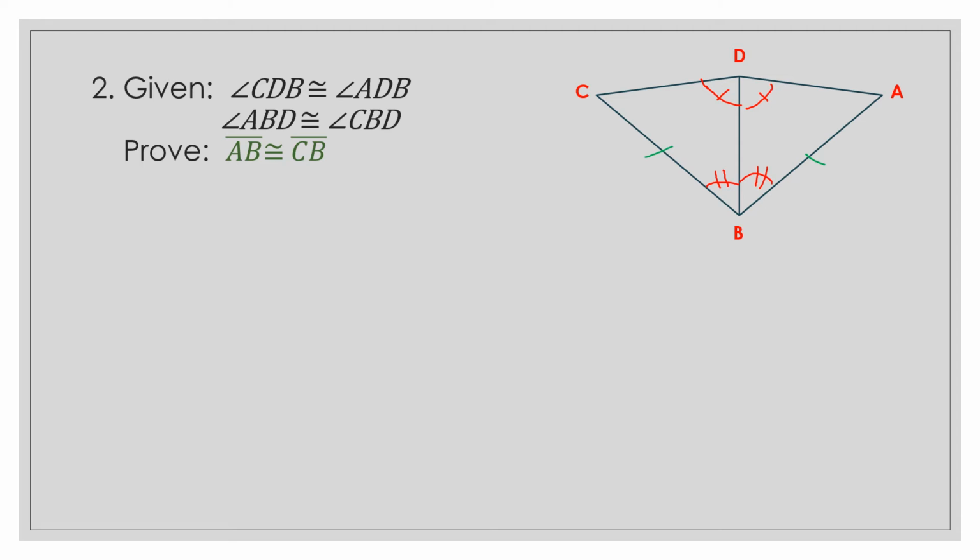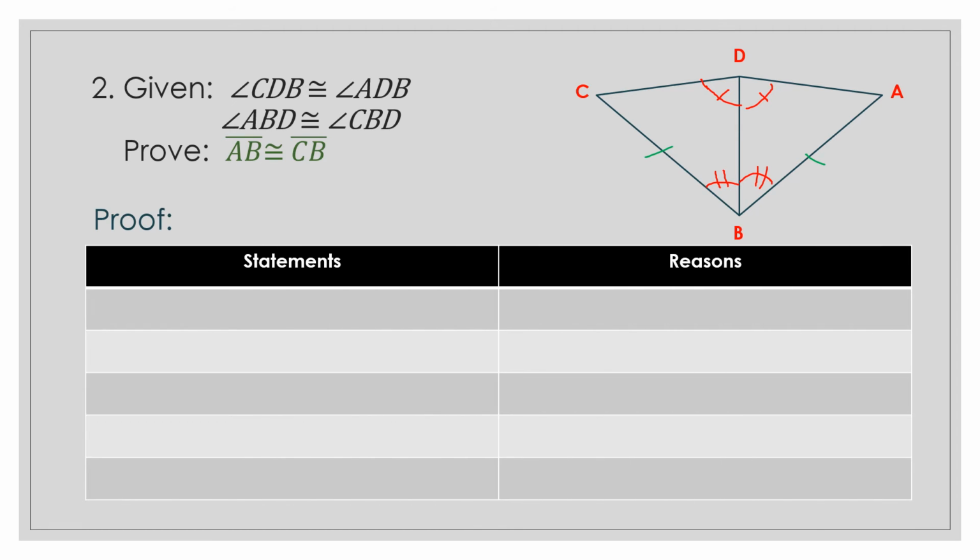Okay. Let's have our two-column proof. Can you give one given? Okay. Angle CDB is congruent to angle ADB, and it's given. Next, segment DB is congruent to segment DB.